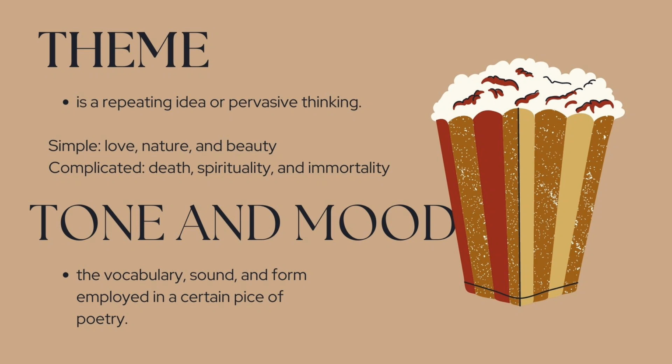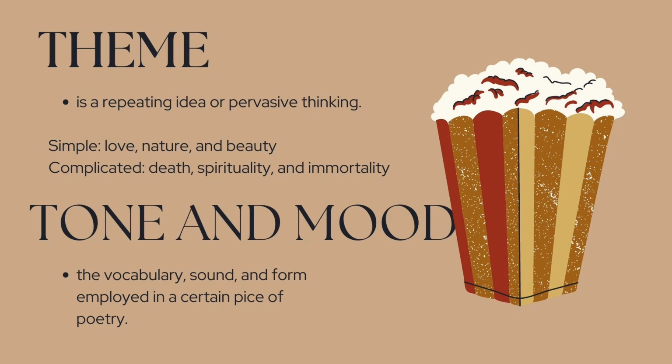So next is tone and mood, another important part of poetry. It is the vocabulary, the sound, and form employed in a certain piece of poetry. So poetic diction includes the tone or attitude of the poem's speaker, as well as the overall atmosphere of the text.